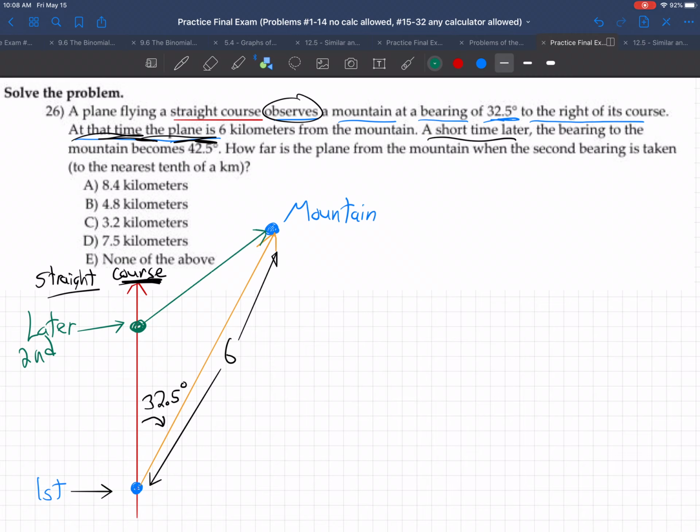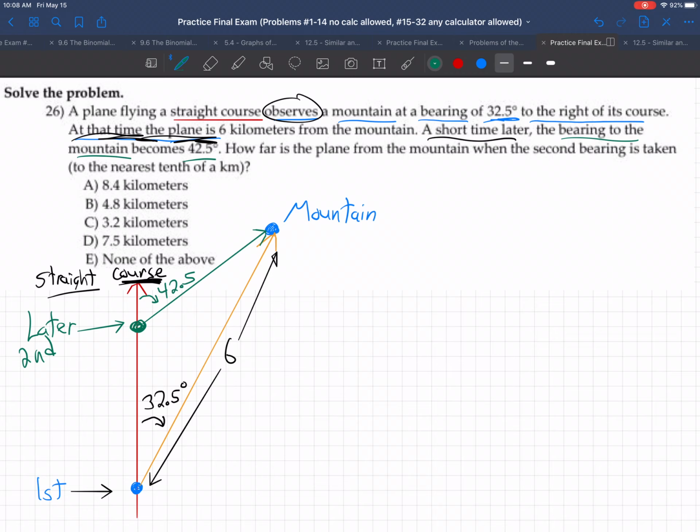At this time, its bearing to the mountain is 42.5. So now this angle here is 42.5 degrees. The angle's gotten bigger, and that looks like the angle would get bigger. That seems to fit reality. See how the picture fits reality.